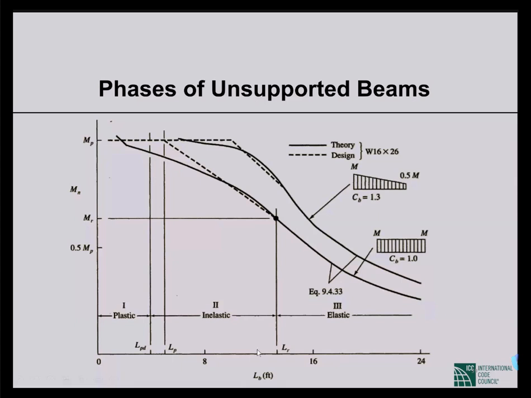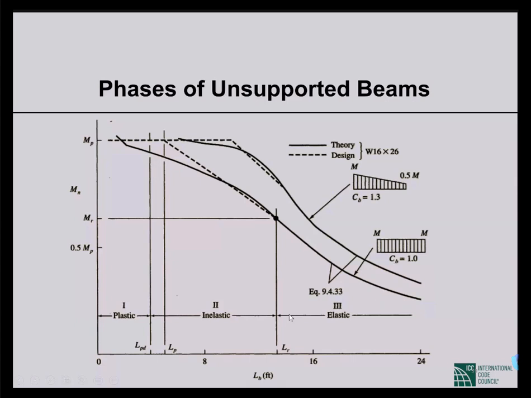unsupported length. So here we are not talking about lambda, that is, the slenderness ratio or width thickness ratio of different elements. We are talking about unsupported length. So we are talking about L. So similarly, we'll have Lp and Lr. If L is more than Lr, so long that there will be elastic buckling, if the member experiences lateral torsional buckling, then the capacity will be very low.